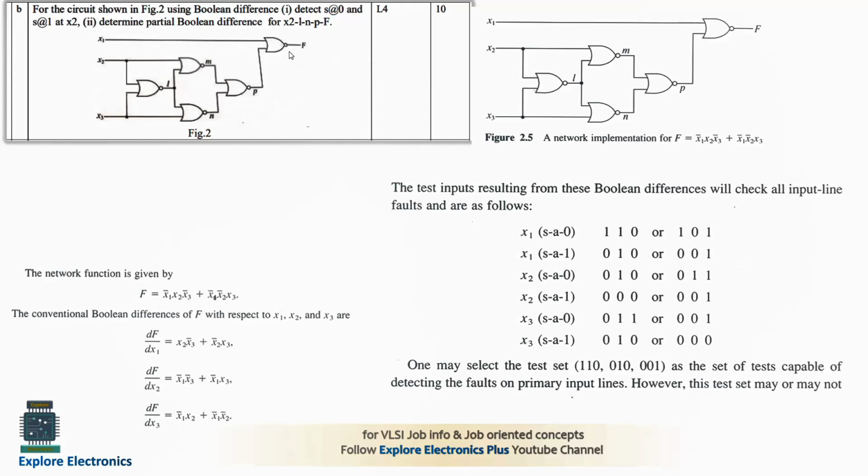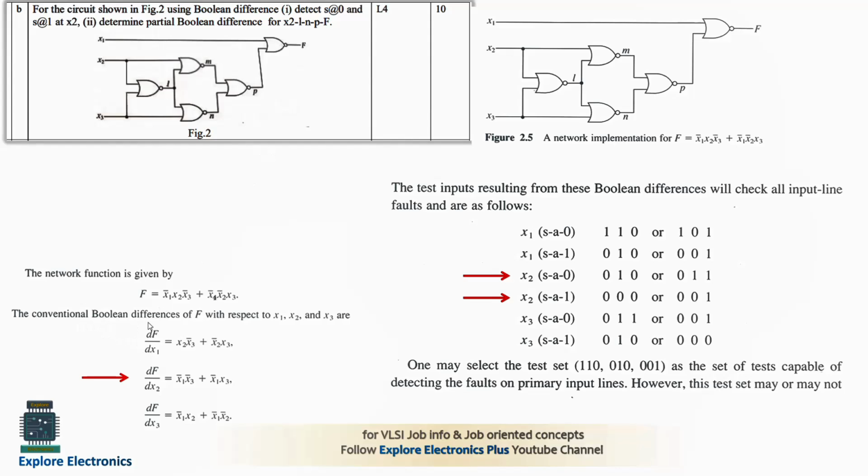In the question they have asked to find it for the x2 node only, but in my explanation I have taken the example from the prescribed book, where it is given for all the nodes. Just look at everything, or you can concentrate on x2 for the answer to this question.